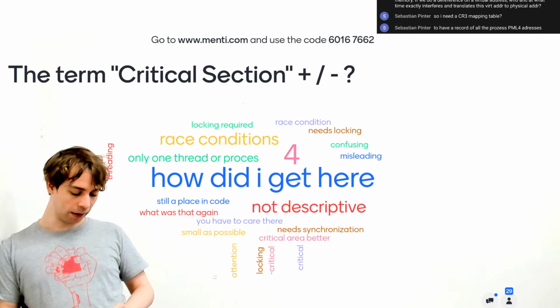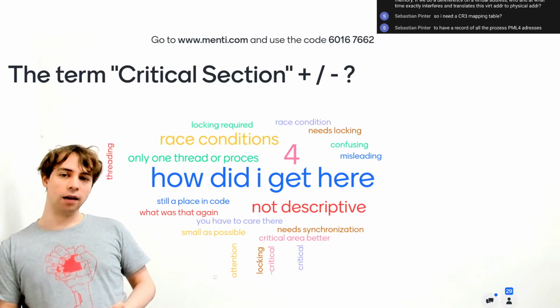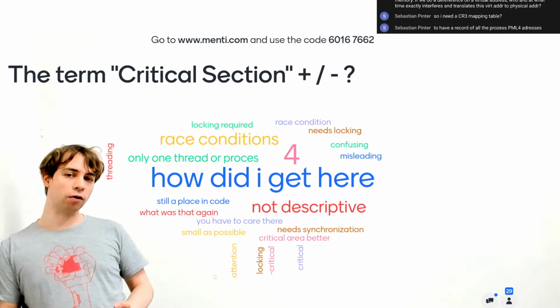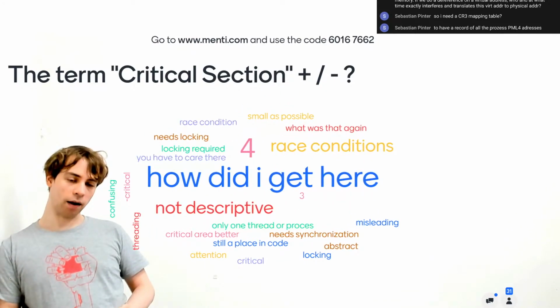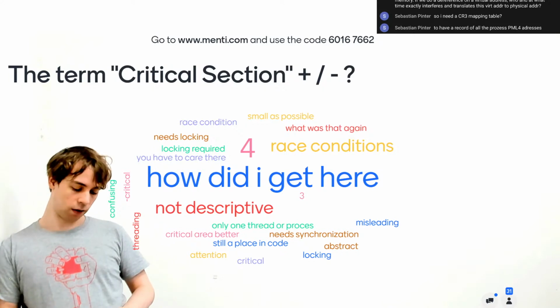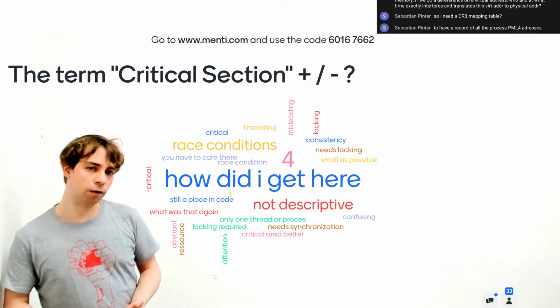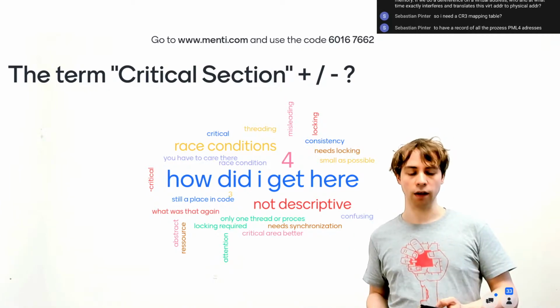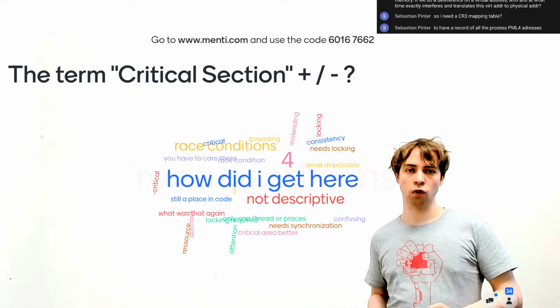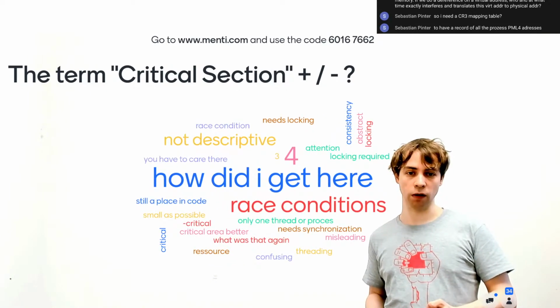It's actually quite misleading, because when talking about a critical section, we actually want to talk about resources and protecting resources. So a lock, also a locking mechanism, always refers to a resource.